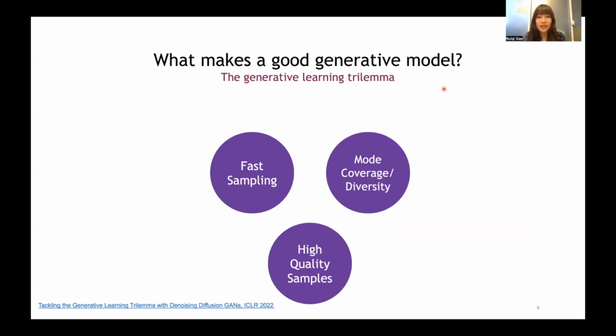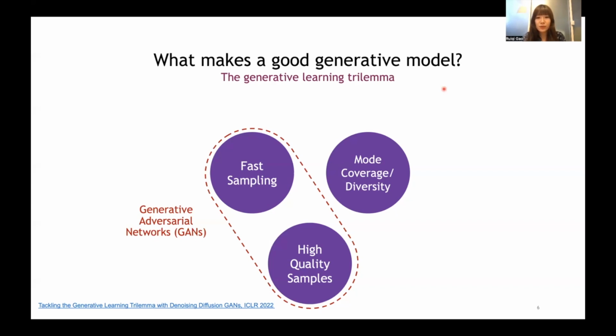However, there exists a generative learning trilemma for existing generative model frameworks. For example, for generative adversarial networks, they are usually fast to sample from, and they can give us high quality samples. However, because of this discriminative learning framework, there is a decent chance that GANs may miss certain modes of the data distribution. And the other type of generative models are these likelihood-based models, like variational autoencoders or normalizing flows.